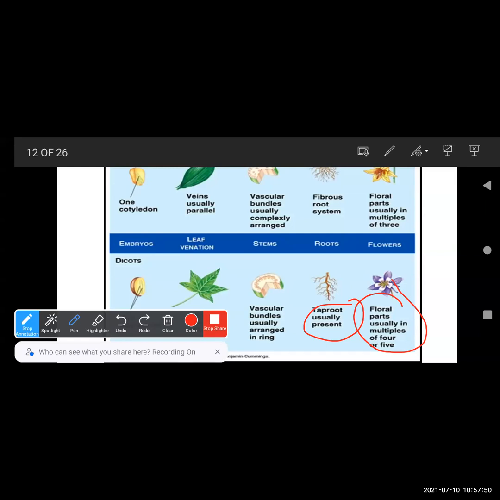That means it may be 4 or 8 petals, or 5 or 10. So these are the important distinguishing features between monocotyledons and dicotyledons. You have to remember the embryo, leaf venation, stems, roots, and flowers.